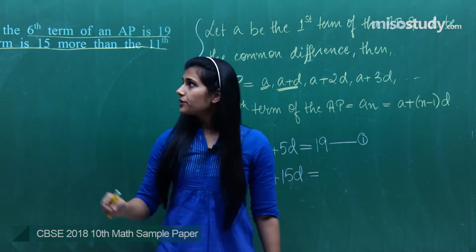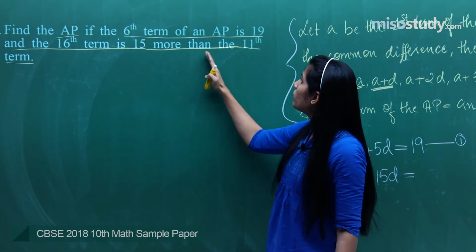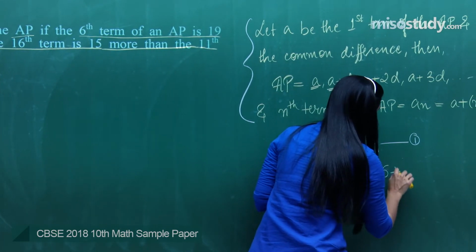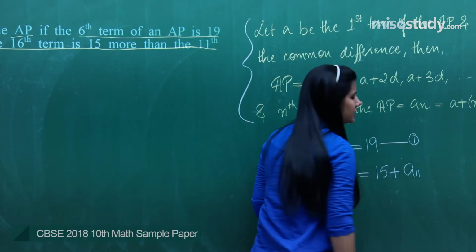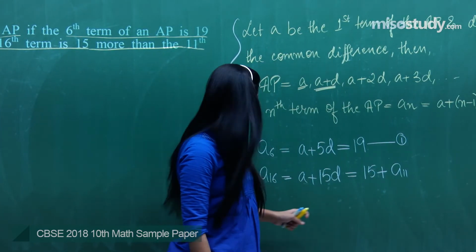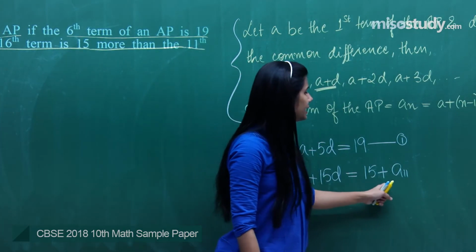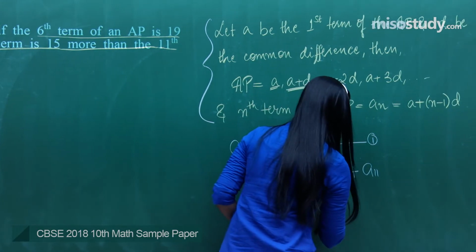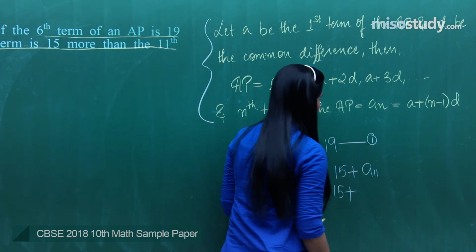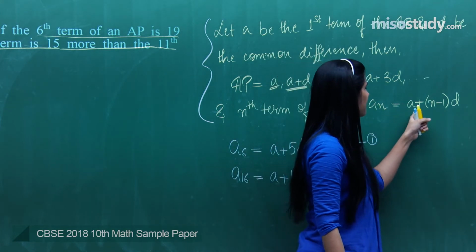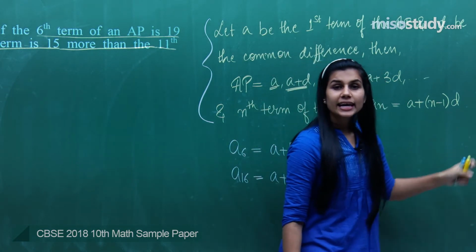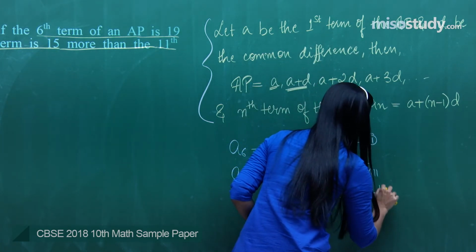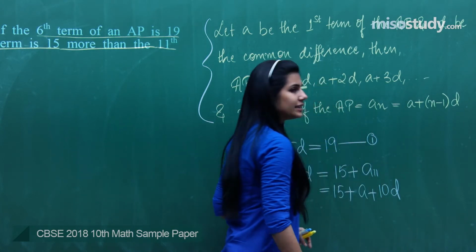The 16th term is 15 more than the 11th term, so the 16th term is 15 plus the 11th term, whatever that is. What is A11? A11 is A plus 11 minus 1 into D, A plus 10D.